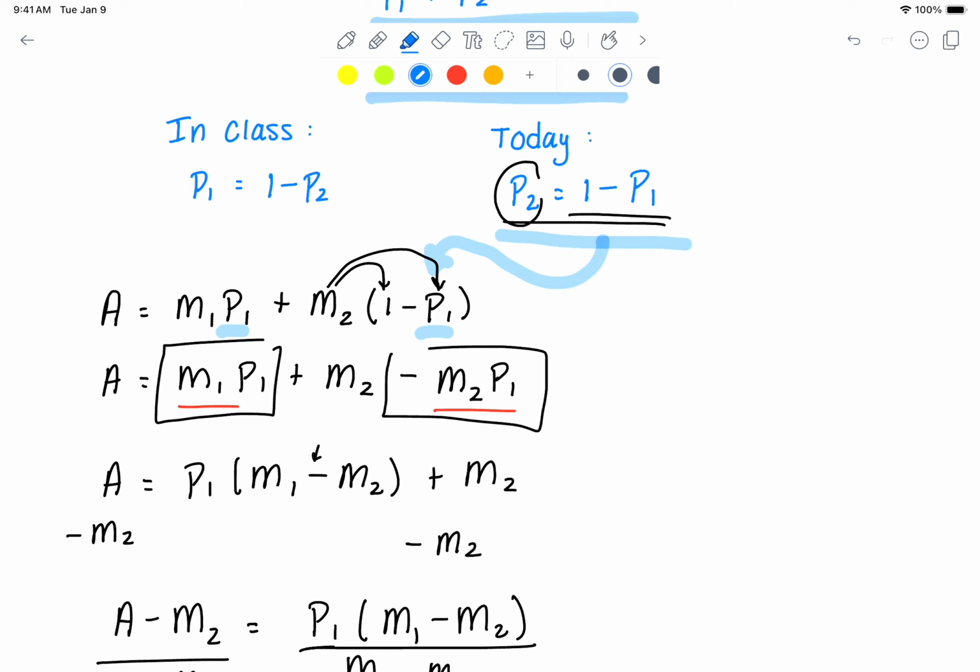So we plug that in and we distribute our M2 into our parentheses, and then we isolate our variables that are dependent on P1. So that's how we get P1 times M1 minus M2, and then plus M2 that comes out. Now we just have to algebraically solve.